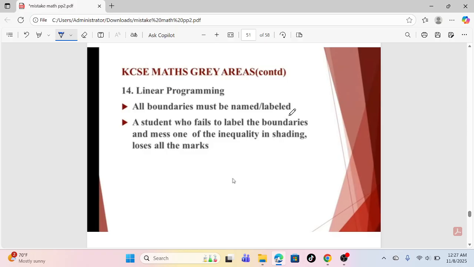A student who fails to label the boundaries and misses one of the inequalities in shading loses all the marks. For example, if a student gets one wrong but has labeled, then they still get marks for the others that are correct. But a student who has not labeled anything and gets one wrong will lose all of them. So labeling is very, very crucial.